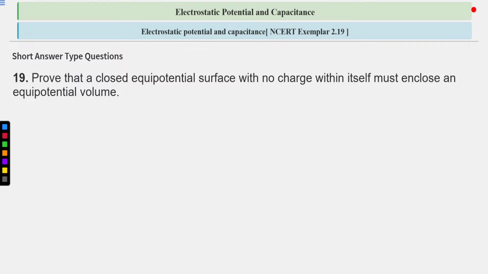Short answer type questions. Prove that a closed equipotential surface with no charge within itself must enclose an equipotential volume.